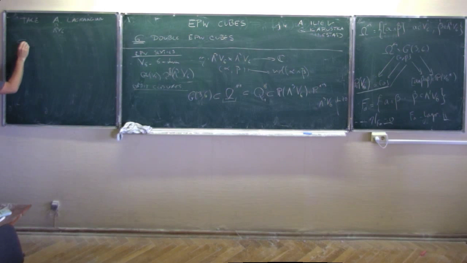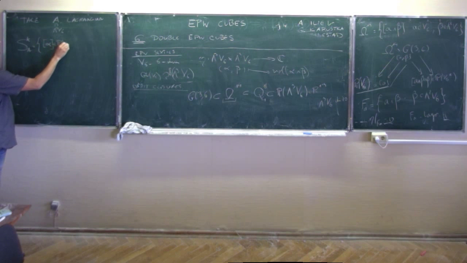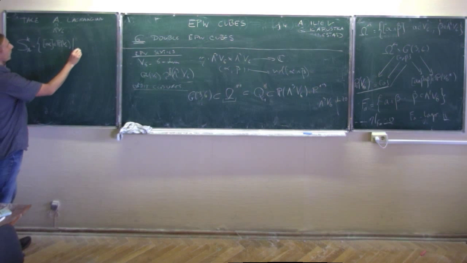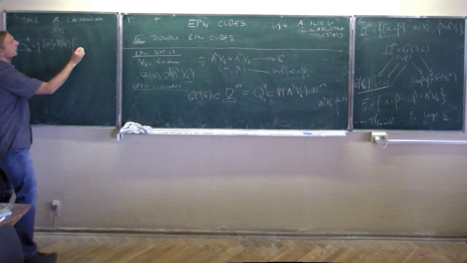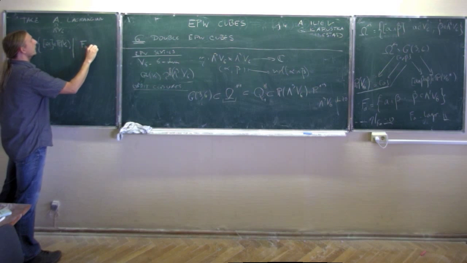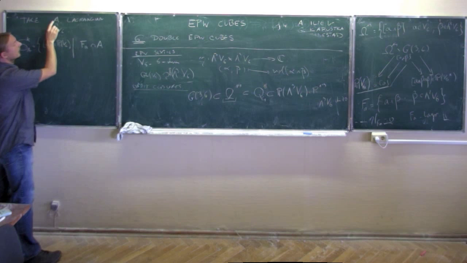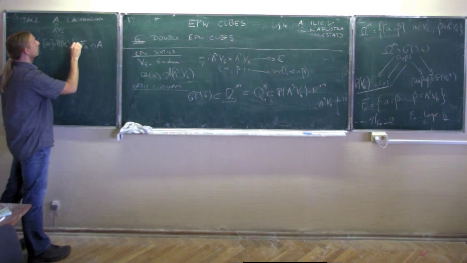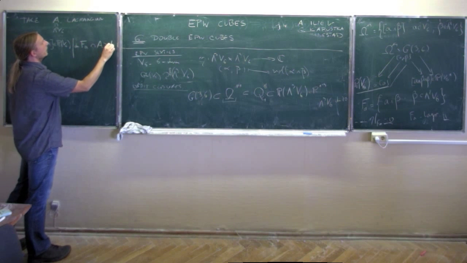So S_k(A) is the subset of P5 consisting of those classes a in P(V6) such that F_a intersected with the chosen Lagrangian space has dimension bigger than or equal to k.